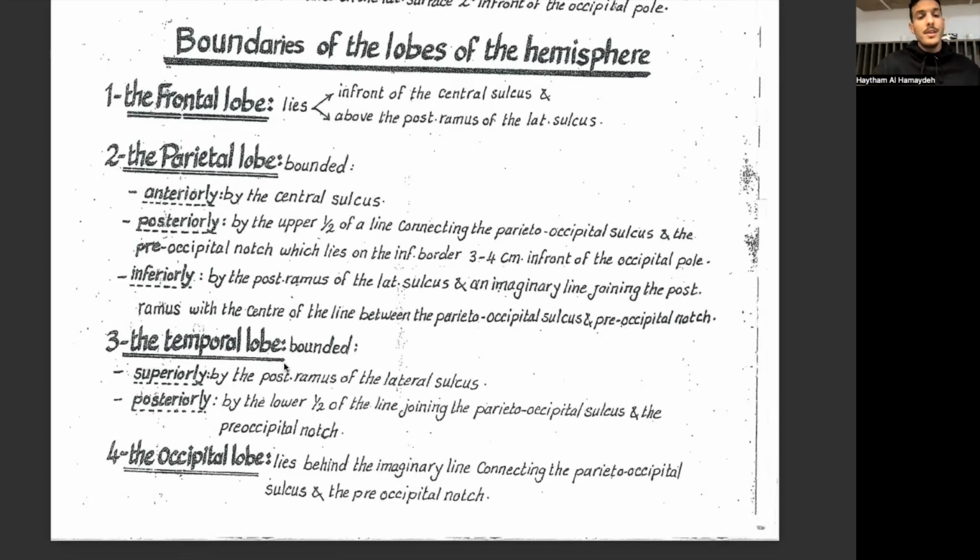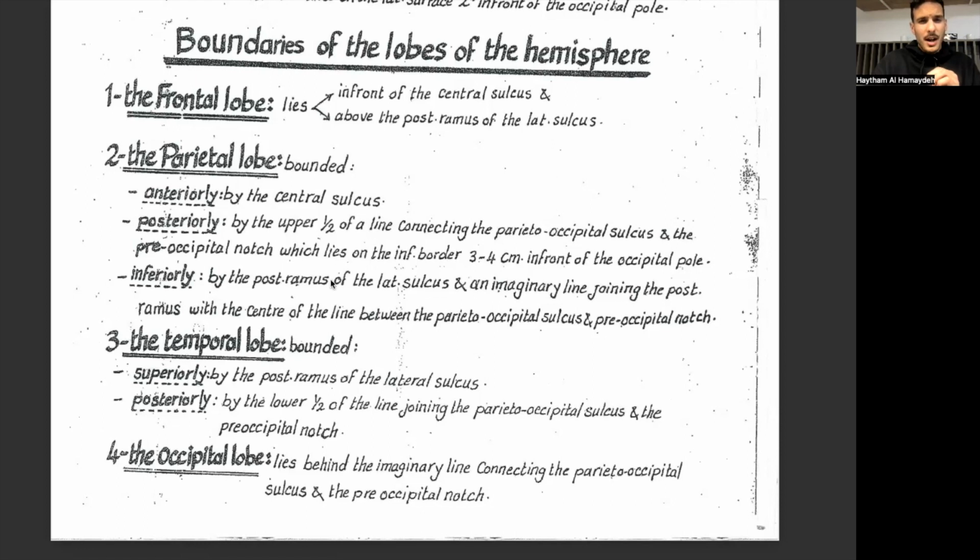The boundaries of the temporal lobe: superiorly by the posterior ramus of the lateral sulcus, easy. Okay, so it separates it from the frontal lobe, and posteriorly by the lower half of the line joining the parieto-occipital sulcus and the pre-occipital notch.